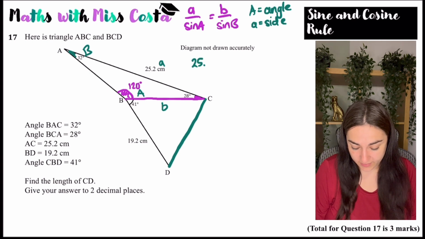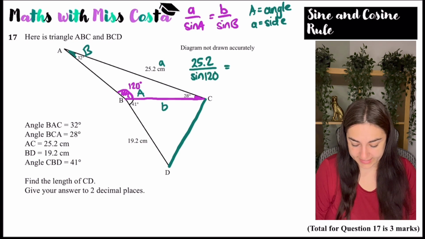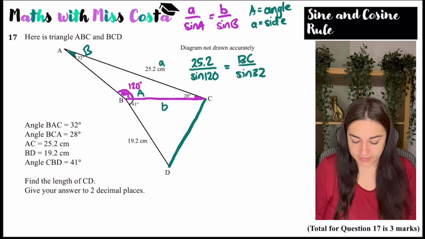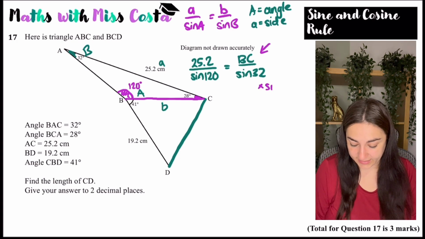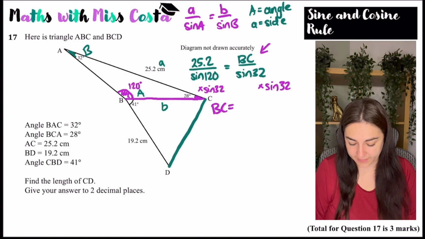So 25.2 over sine 120 must be equal to BC over sine 32. So I've got my equivalent fractions. I need to figure out what BC is. So what I can do is just multiply both sides by sine 32. And that will tell me what the length of BC is.